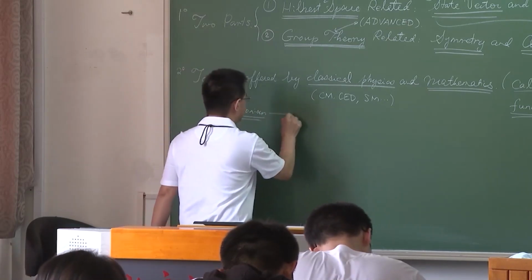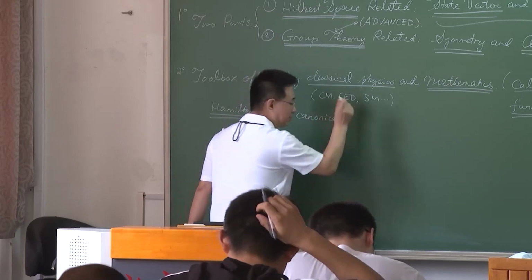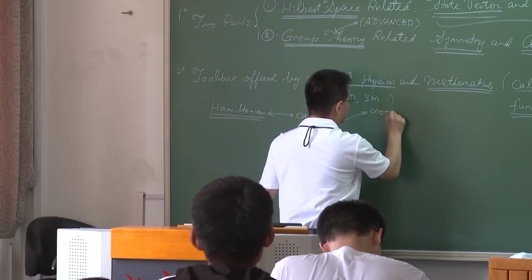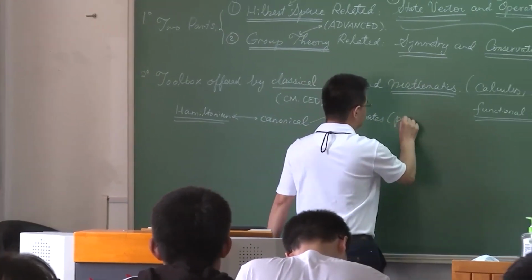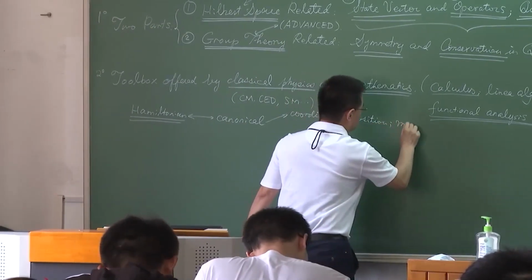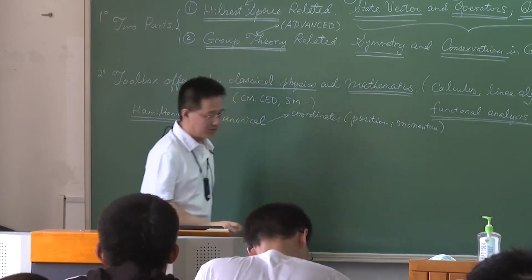We already had many canonical things. We have the canonical coordinate, the position, and the momentum. Yeah?